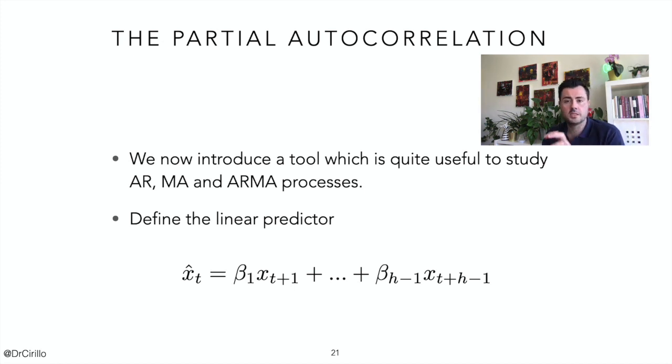Now, we take this forward-looking approach because it will also be nice and useful later when we consider, for example, prediction. But you can imagine that if you want, you can also revert, so you can express xt as a linear combination of xt minus 1, xt minus 2, xt minus 3, and so on. But please recall that we are playing with a stationary time series, so in a sense there will be a difference if you want, but it's not substantial.